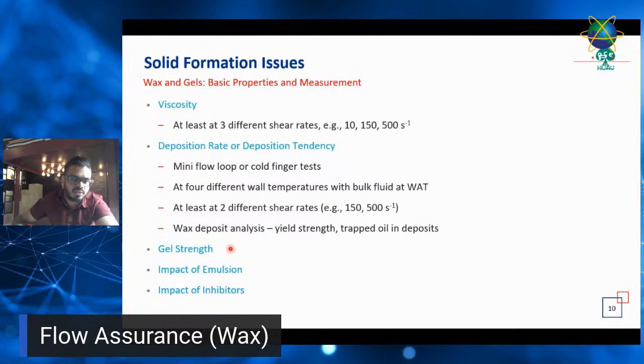When your wax tends to gel up, we need to measure the strength of the gel, because we need to compute the gel breaking pressure later on. So this property also needs to be obtained from the lab. And then the impact of emulsion and the impact of inhibitors, but this is not really crucial or critical. Some labs do it. It depends on the client whether they need this measurement done in the lab or not.